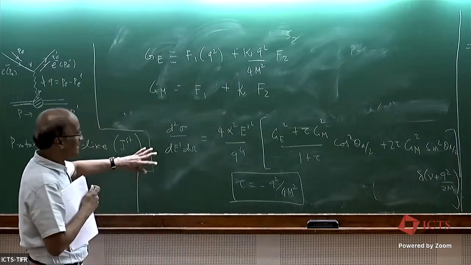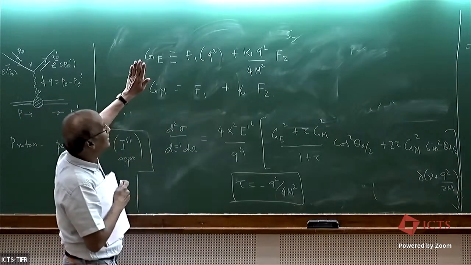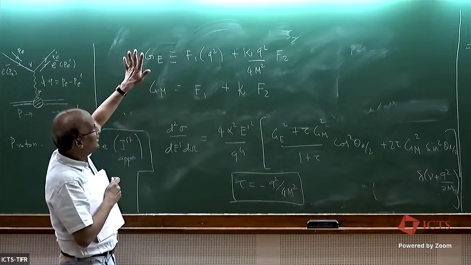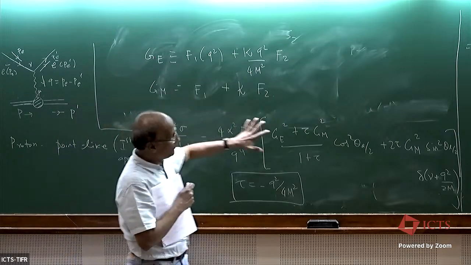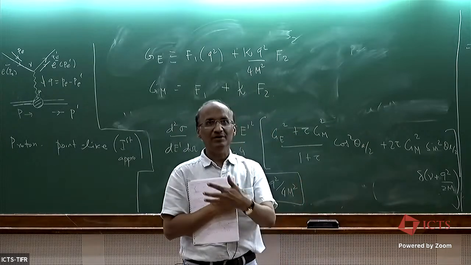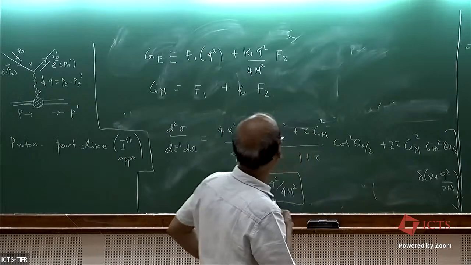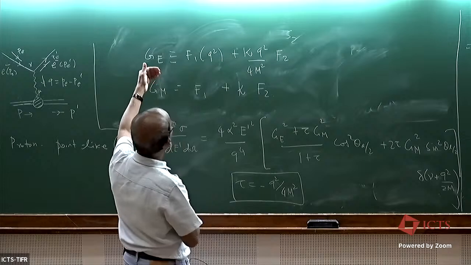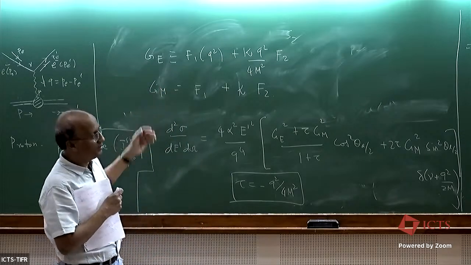So what people study is not just that combination of F1 and F2, they study this GE and GM. One can extract GE and GM, and then it is supposed to give you a picture of the hadron in terms of its electric structure and magnetic structure of the proton.